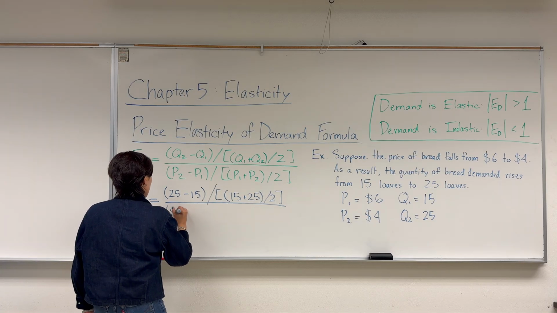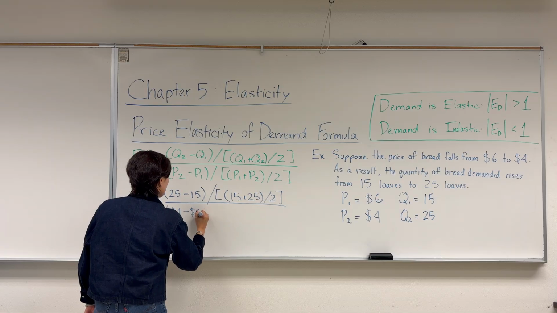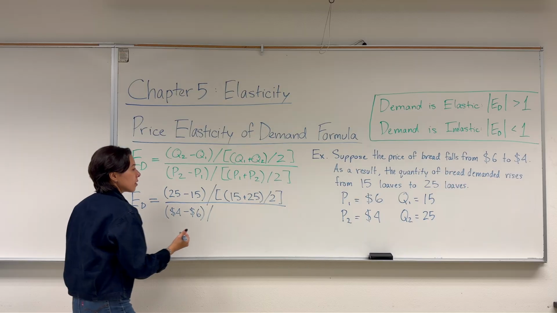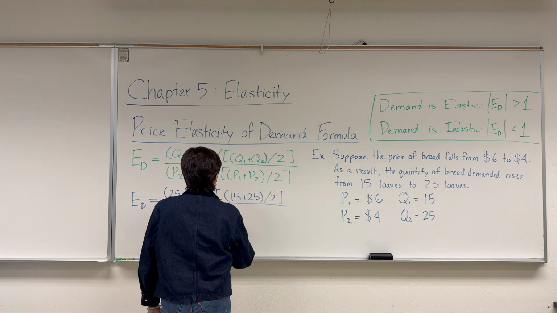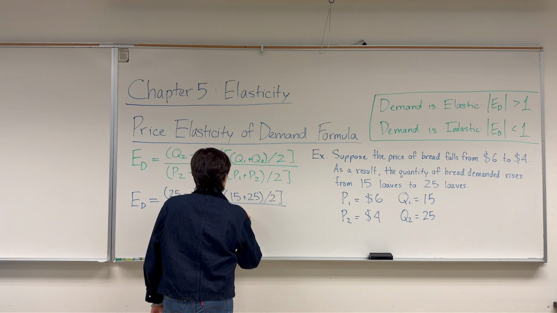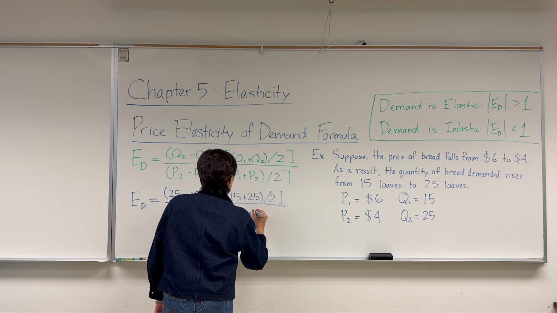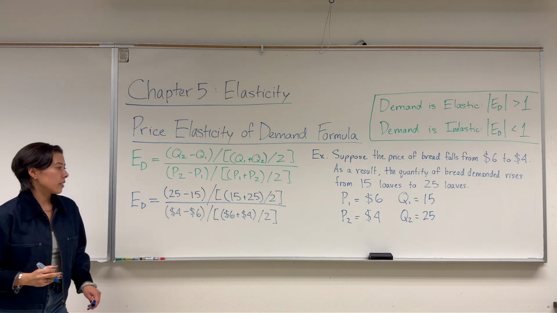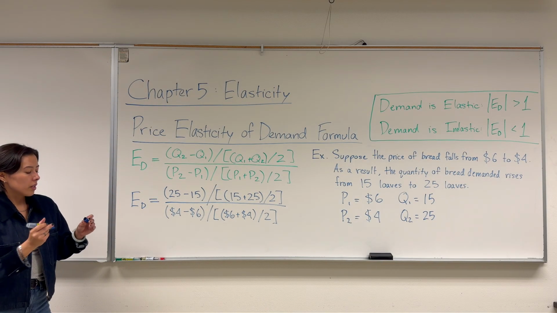So that's going to be $4 minus $6. And then I'm going to divide that by the average price. So then I have P1 plus P2 divided by 2.